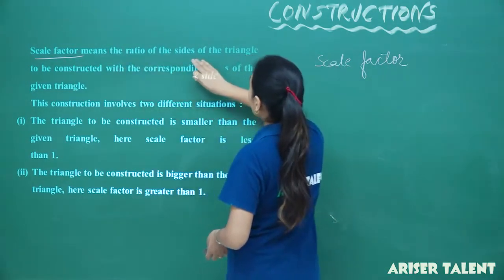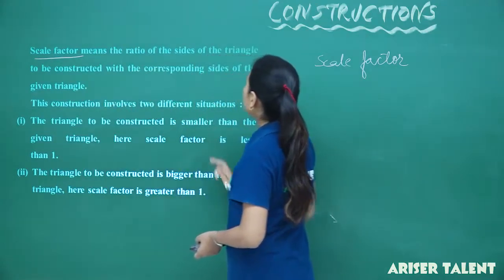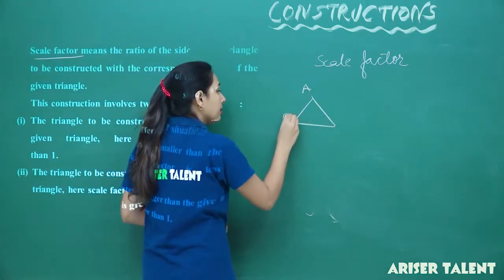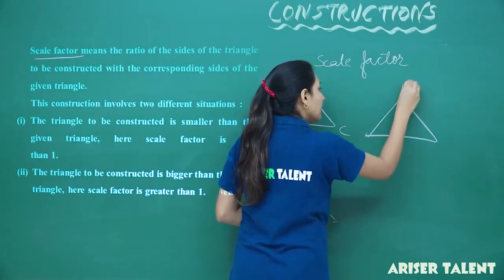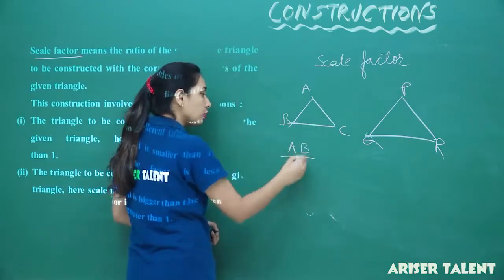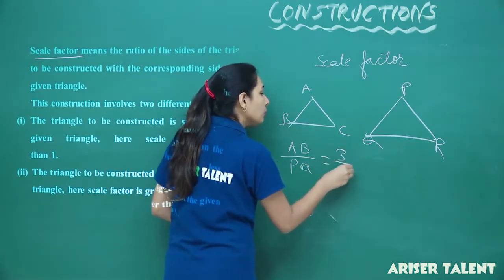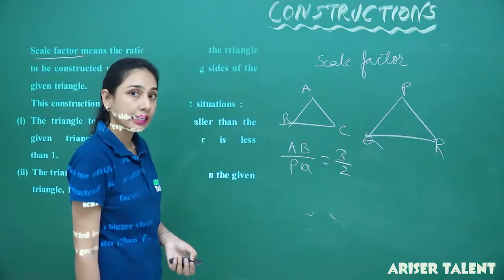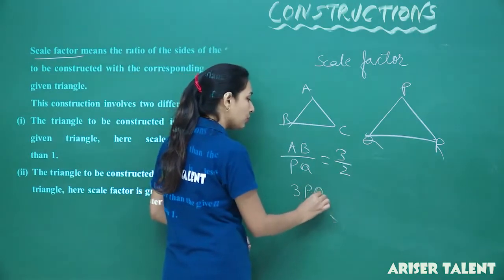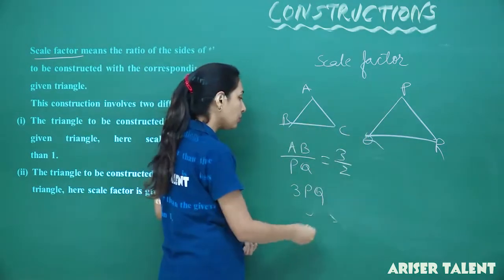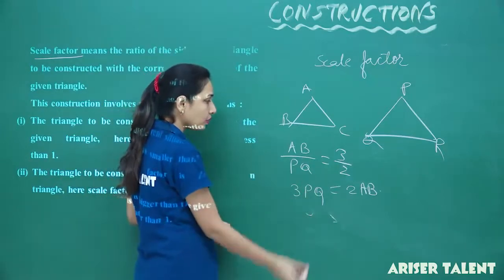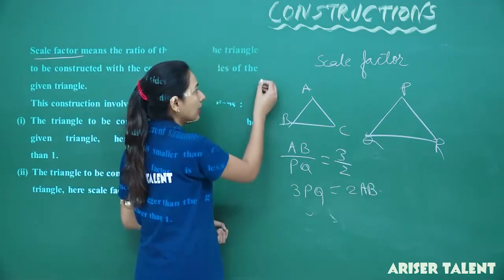The scale factor means the ratio of the sides of the triangle to be constructed to the corresponding sides of the given triangle. That means if you are having this triangle ABC and this triangle PQR, then what is the ratio of the corresponding sides? If it's 3:2, that will be your scale. That means 3 times PQ will be equal to 2 times BA. What does that mean? Let's suppose we have some x equal to 5.